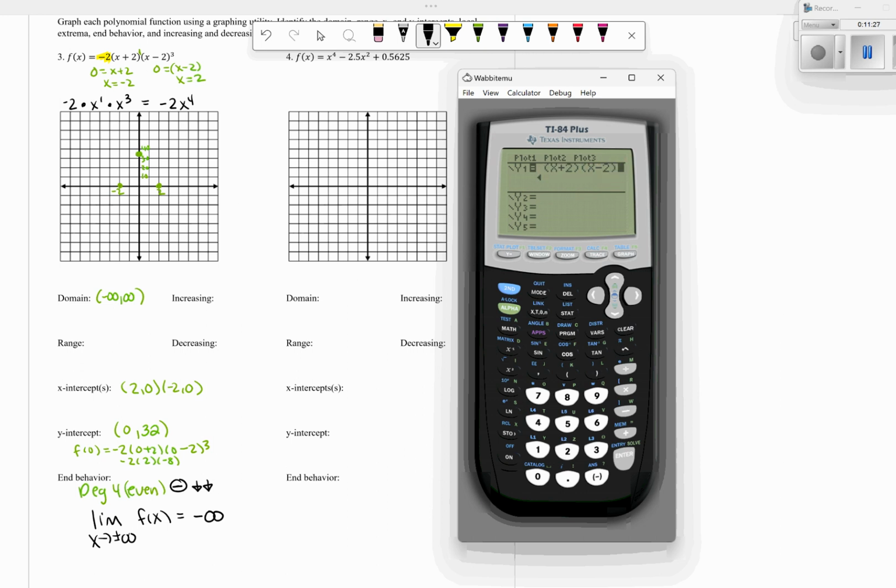Now, before we were just graphing these without our graphing calculator, but let's go ahead and see if we can figure out, because we know that our graph has to have some kind of maximum over near on the other side. And we know that both ends of our graph are going to be going down.